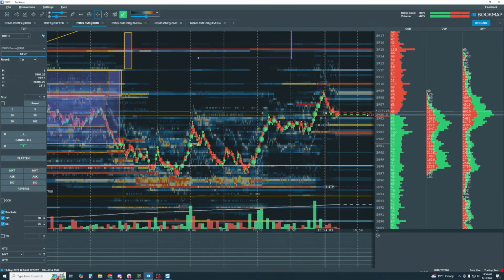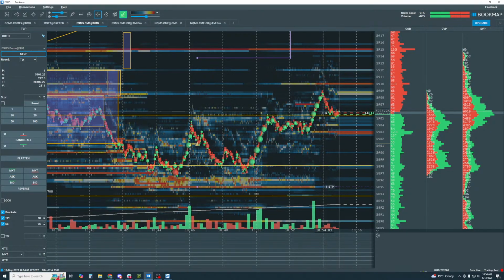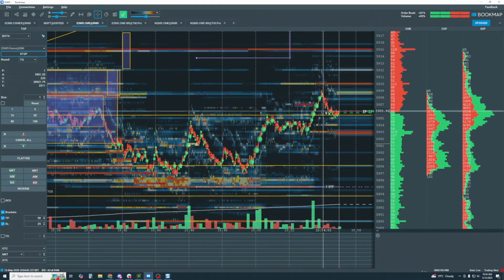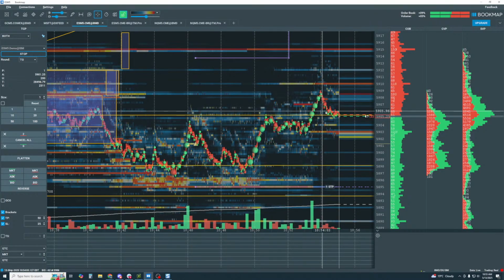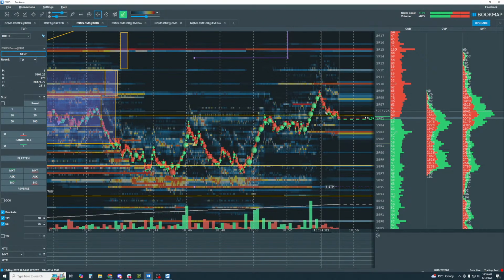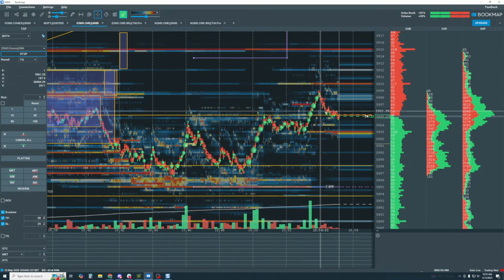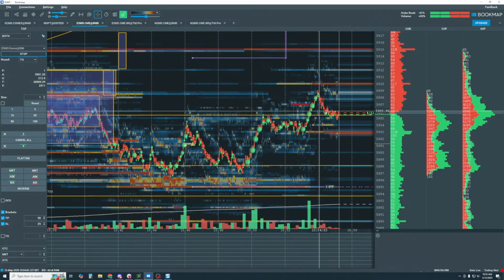I know as a trader, one of your great strengths is your patience, which is amazing. But if it's making you nervous, then you're trading too big, or you haven't defined your edge.